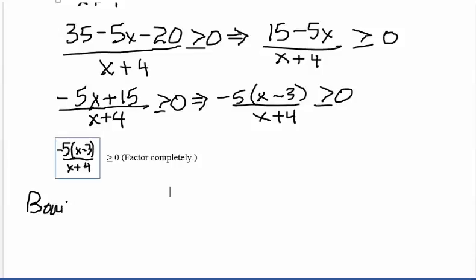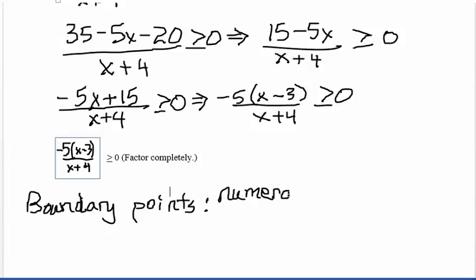All right, now I want to find the boundary points of this inequality. And I do that by setting the numerator, which is minus 5 times x minus 3, equal to 0.